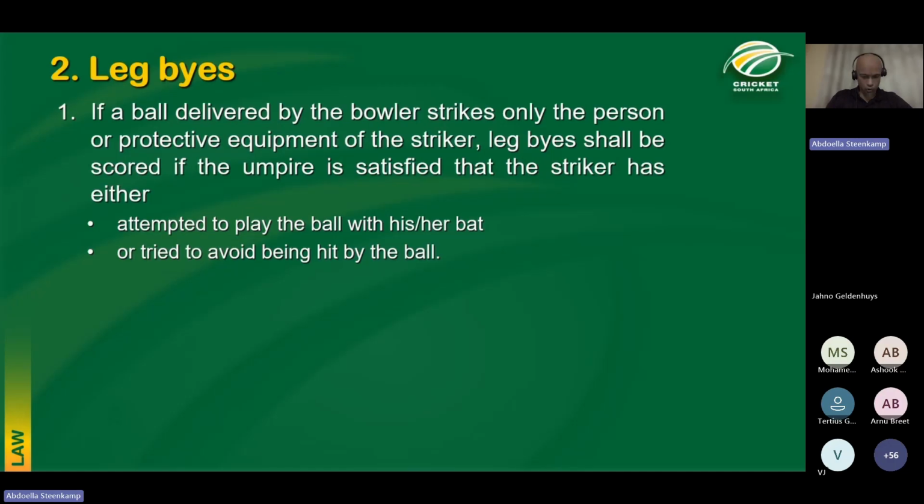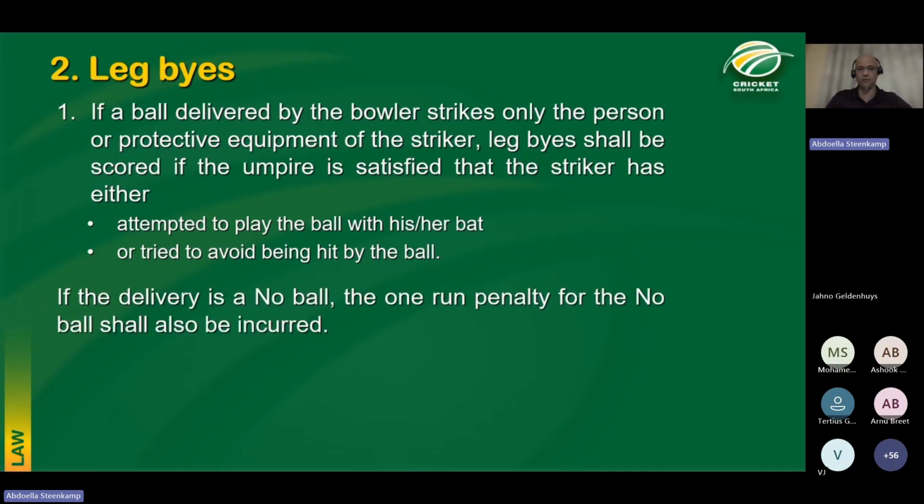If these conditions are met and the ball strikes the person or protective equipment, you can allow leg byes. Absolutely no problem. If the delivery was a no ball, you'll allow the no ball as well as the leg byes to the score. So now we know when leg byes are awarded.